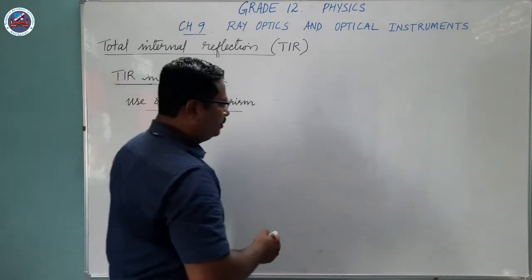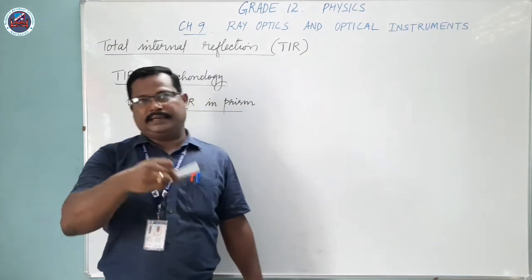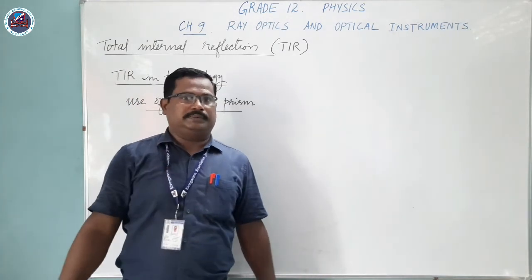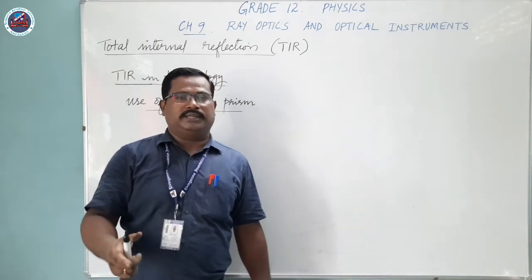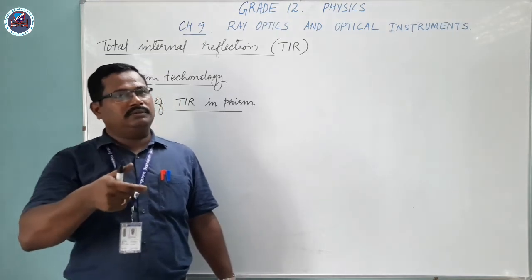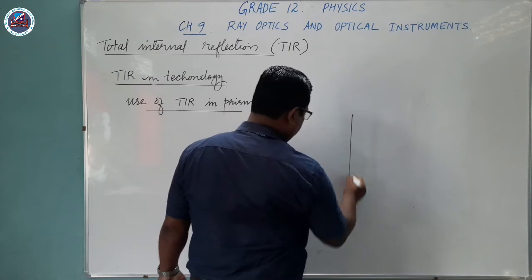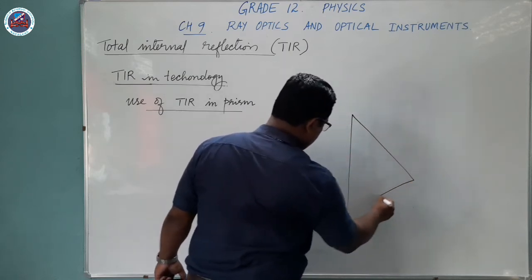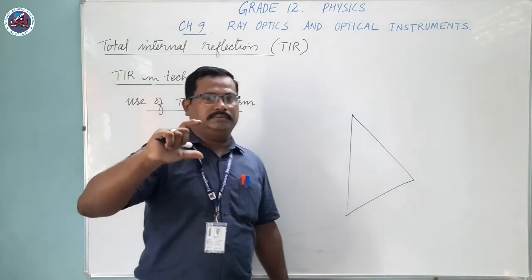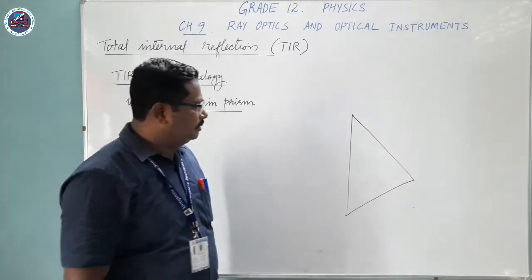It is used for visualizing inverted images as erect ones without changing the size of the image, especially when we use astronomical telescopes and microscopes, where we get an inverted image. So if you use a right angle isosceles prism like this, the inverted images we can make erect, and then we can study the image.